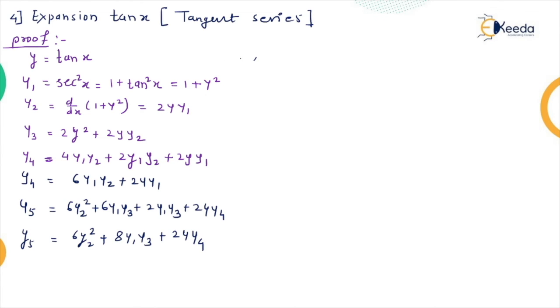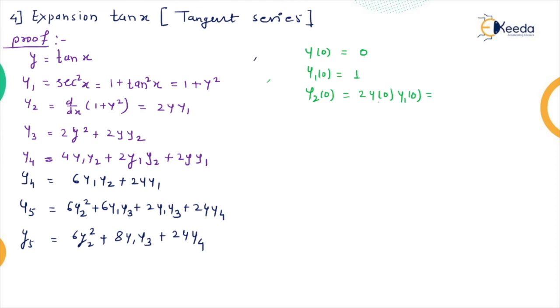Now y is equal to tan x, so I have to find y of 0. y of 0 is tan of 0, which equals 0. Now put x equal to 0 in y1, y2, y3. y1 of 0 is 1 plus tan square 0, which becomes 1. y2 of 0 is 2 into y of 0 into y1 of 0.